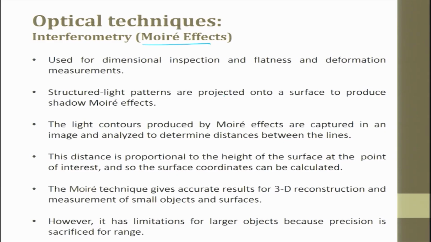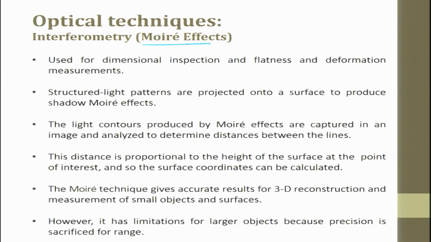Structured light patterns are projected onto a structure to produce shadow Moire effects. The light contour produced by Moire effects is captured in an image and analyzed to determine the distance between the lines. The distance is proportional to the height of the surface at the point of interest, and so the surface coordinates can be calculated.